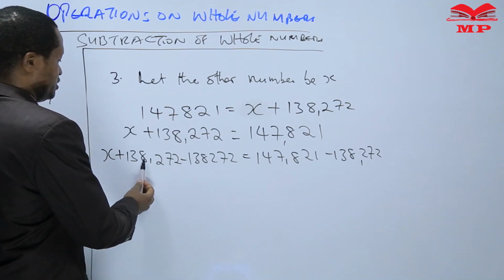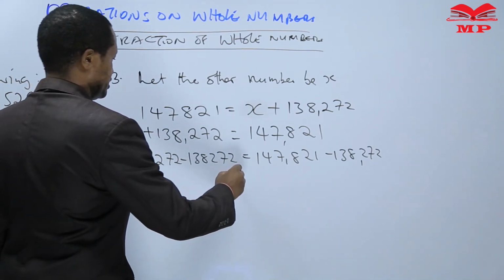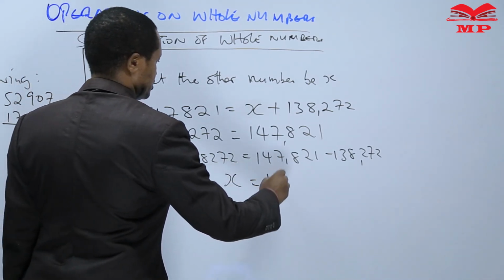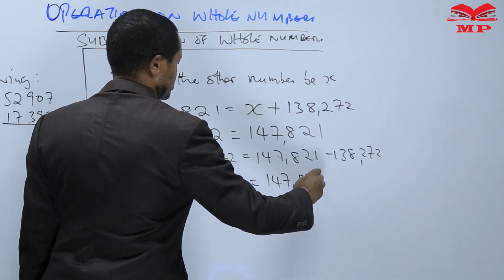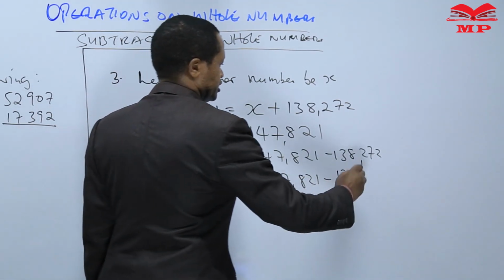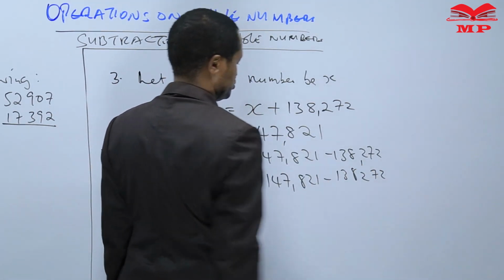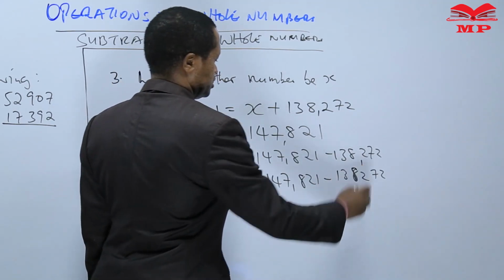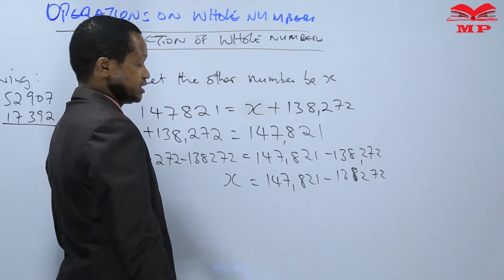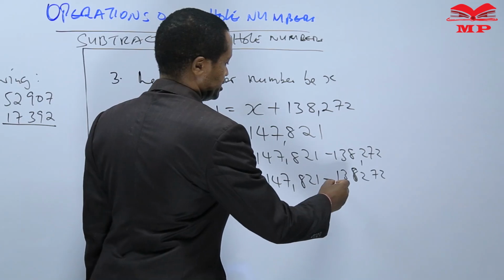So when you subtract this from that, you remain here with x, which is equal to 147,821 minus 138,272. So the operation required in this case is minus.